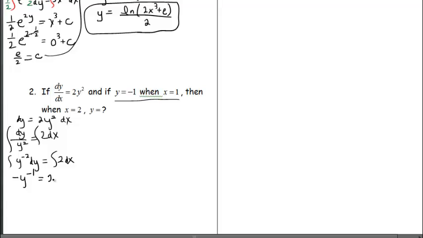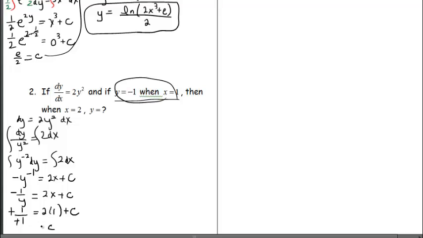And this goes back to 2x plus c. -1 over y equals 2x plus c. Okay, I'm going to plug in these values here. -1 over -1 and twice 1 plus c. So subtract the 2. It looks like c is -1.